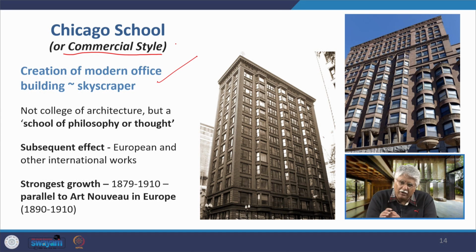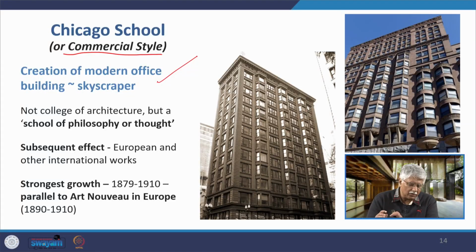It was not a college of architecture, it was more a school of philosophy or thought, and its subsequent impact was felt in European and other international works. In fact, it laid the foundation of the tall office building, or the modern day skyscraper, and its strongest growth was evident from 1879 to 1910, parallel to the Art Nouveau movement in Europe.